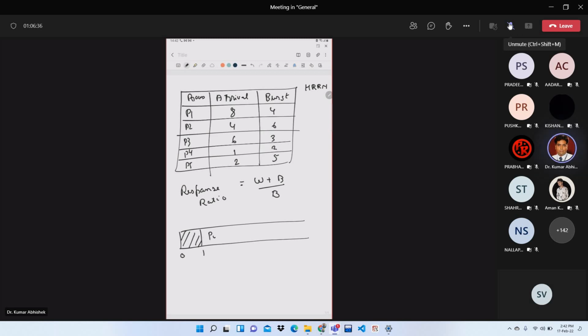So P4 will execute till 2. What happened at time 2?